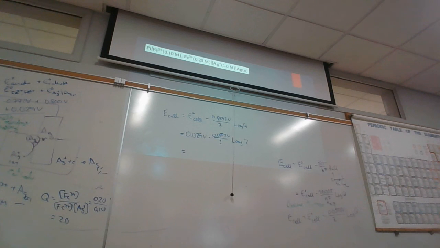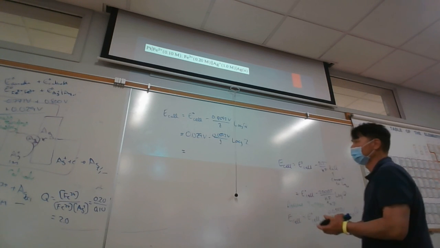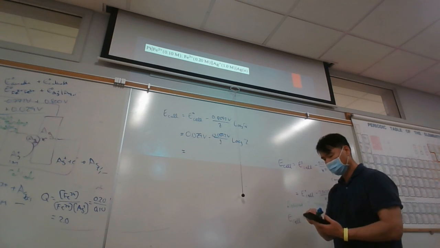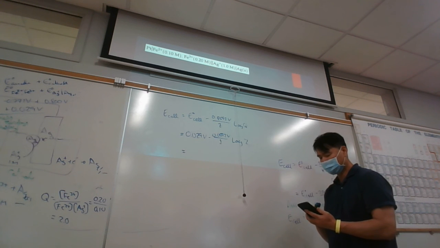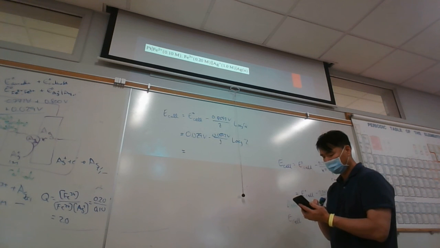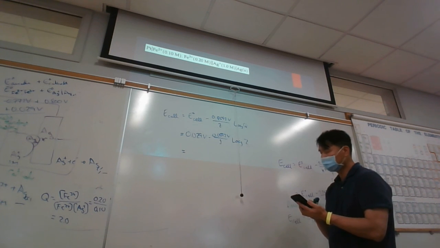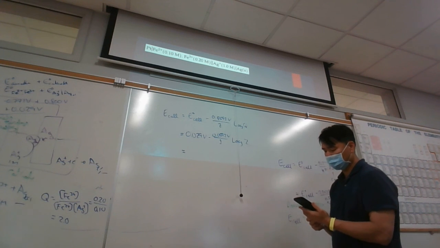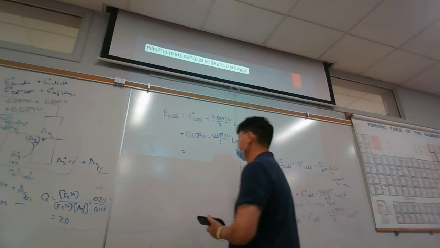So log of 2 is 0.301, times negative 0.0592, plus 0.029, gives 0.011.